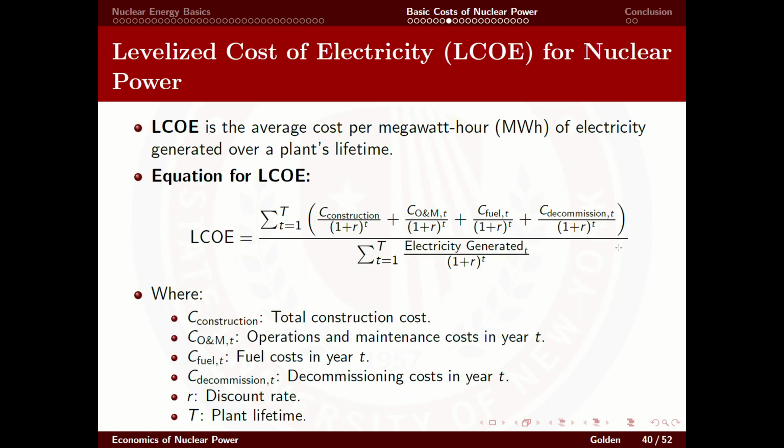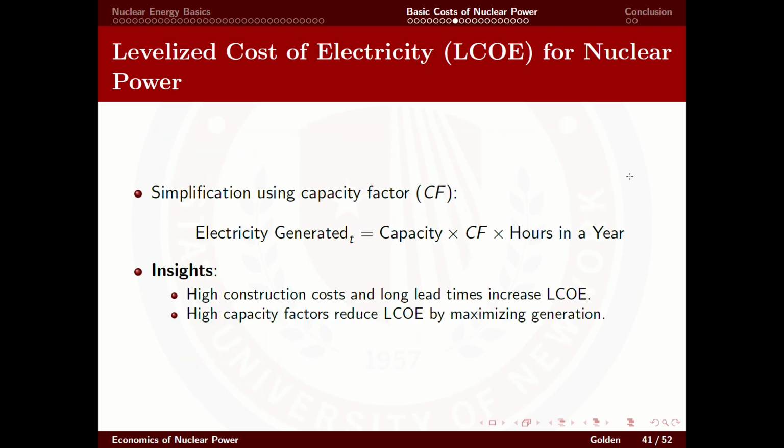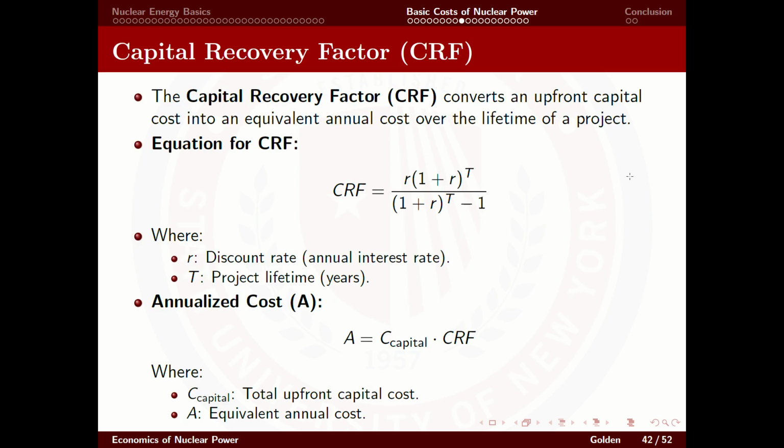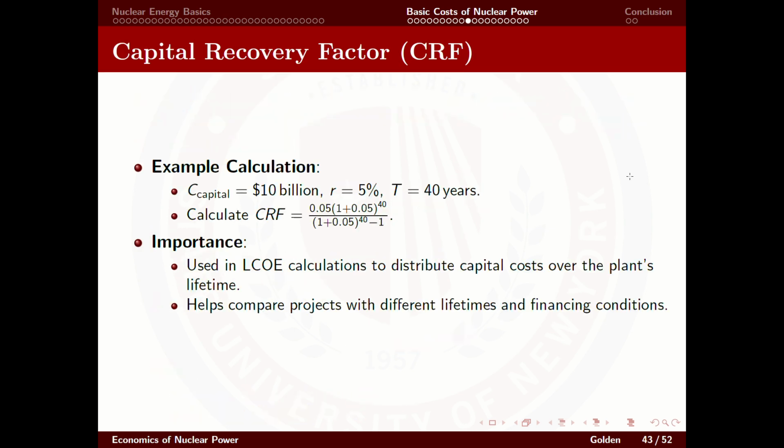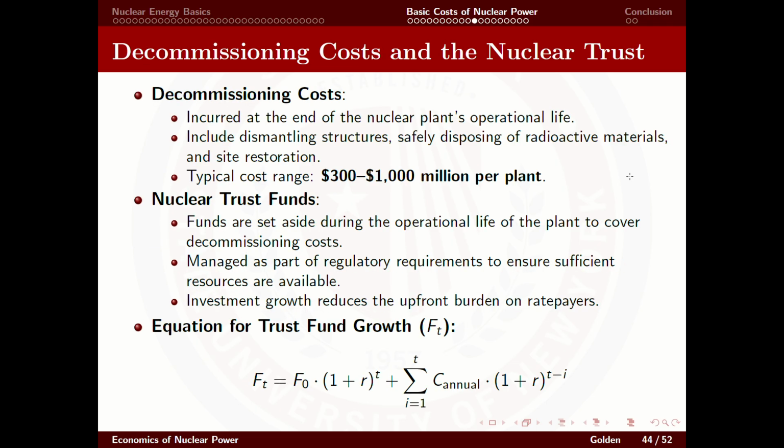The idea here is that you're taking out a loan, so you're not paying the capital costs all up front. So you don't want to put the capital costs into the LCOE all up front. You want to distribute it over the entire lifetime of the plant, because that makes the economics a lot better, and because the loan is paid back over the lifetime of the plant.